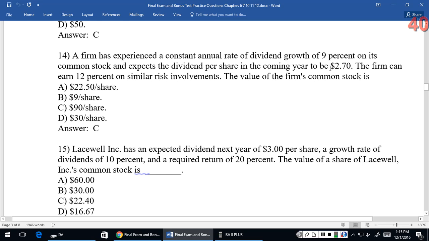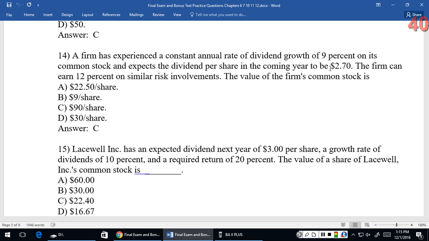Because we know that the dividends are growing at a constant 9% per year. The formula is we want the next dividend to be paid. So if the wording is you're given the last dividend paid, you would multiply the 270 times 1 plus the growth rate, 1 plus 0.09 in this example, to come up with the next dividend to be paid.